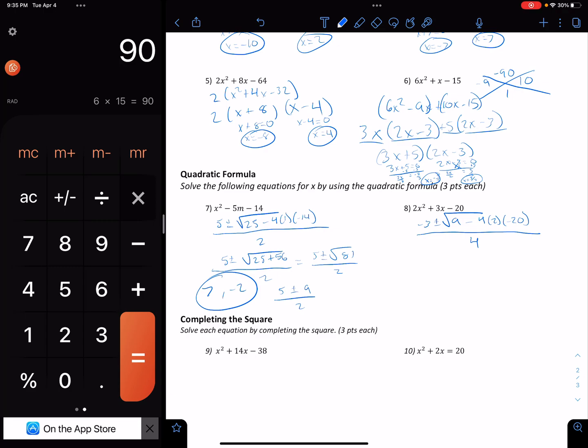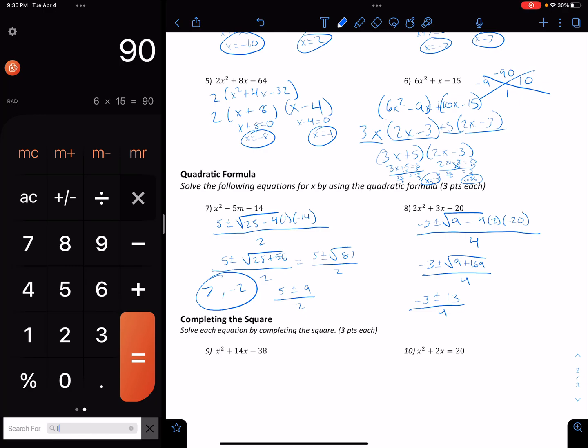Okay, so I have negative 3 plus or minus the square root. Negative 4 times 2 is negative 8. Negative 8 times negative 20 is 160. So I have 9 plus 160 is 169, divided by 4. So I have negative 3 plus or minus 13 divided by 4.